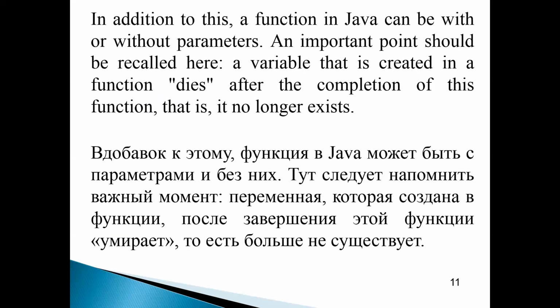In addition to this, a function in Java can be with or without parameters. An important point should be recalled here. A variable that is created in a function dies after the completion of this function. That is, it no longer exists.